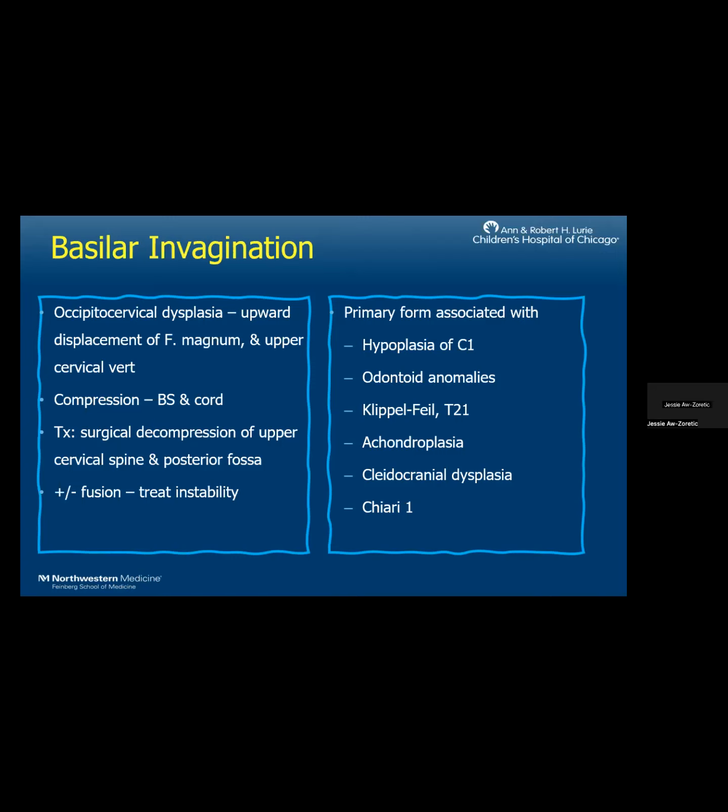And then later in the talk, we will also discuss achondroplasia. There is also some association with a less common entity, the cleidocranial dysplasia. And there are some points where Chiari 1 can also have basilar invagination.